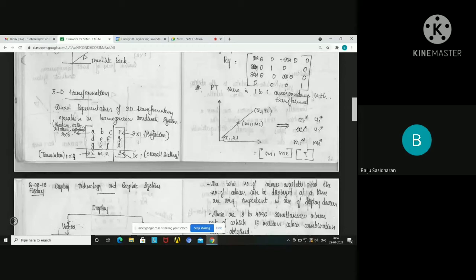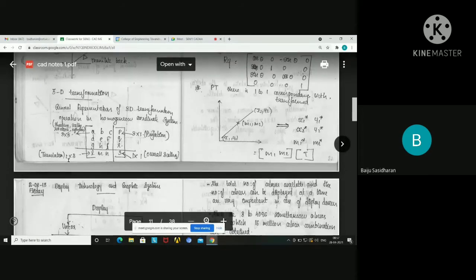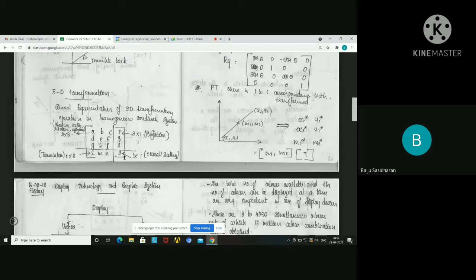And this element L along the x direction, M along the y direction, N along the z direction, these elements represent the translation. And this 1 by 1 element is for overall scaling.